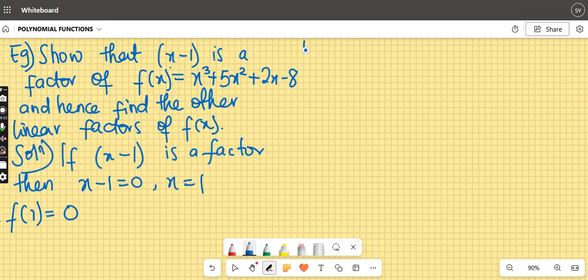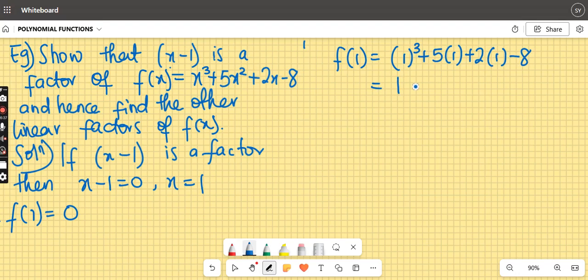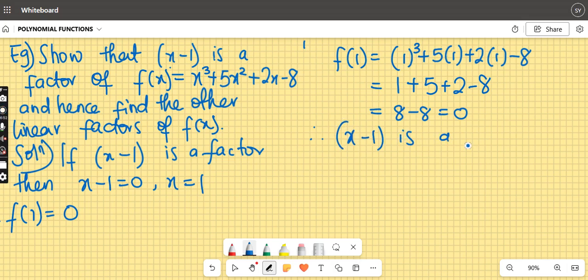So let's put 1 into our function. f of 1: we have 1 cubed plus 5 times 1 plus 2 times 1 minus 8. We have already worked this in the previous video. You can go and check. So we have 8 minus 8, and we have what? 0. So therefore, x minus 1 is a factor.